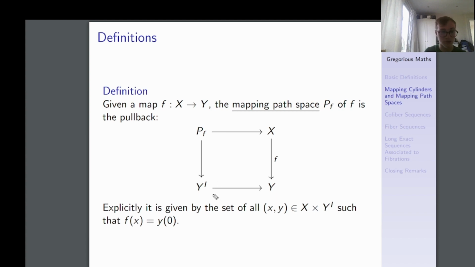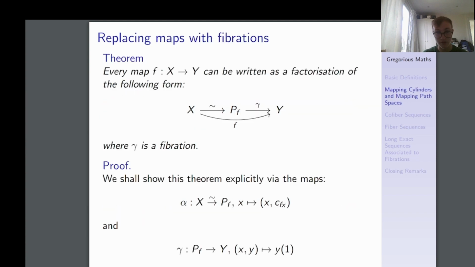But if you want to be more concrete about things, an equivalent definition is that it is the set of all pairs (x, y) such that f of x is equal to y of 0, because remember that y here is a map from I to Y. Okay, so it's the set of all pairs such that f of x is equal to y of 0. Or if you like category theory, it is the pullback of this square. Okay, so that's what the mapping path space is.